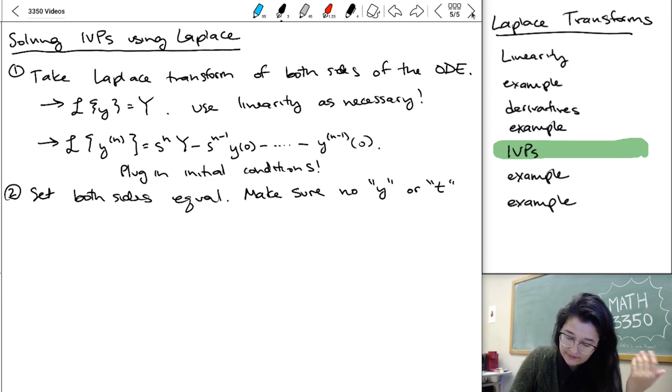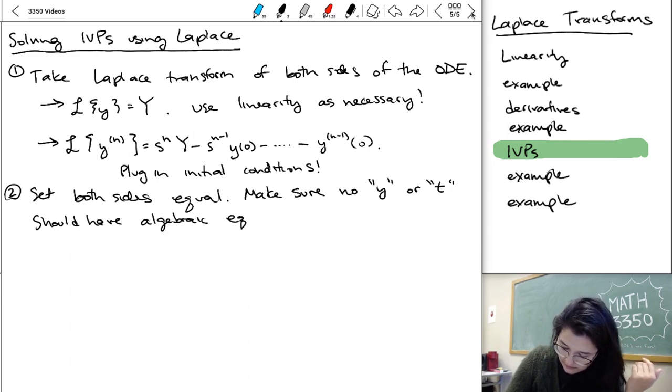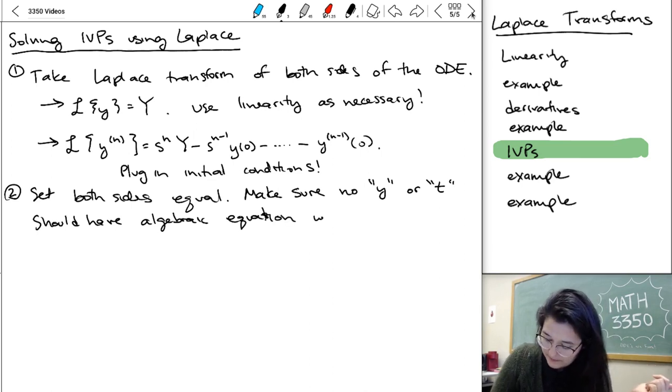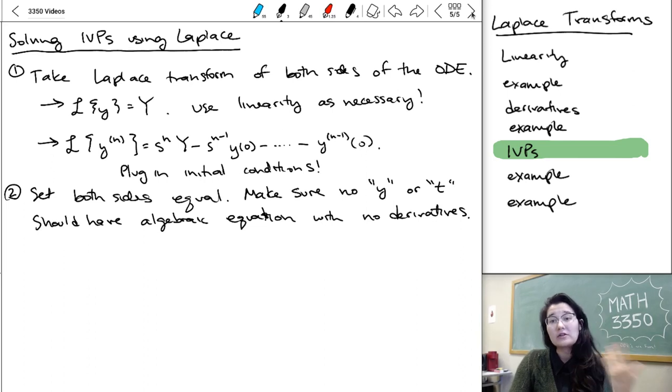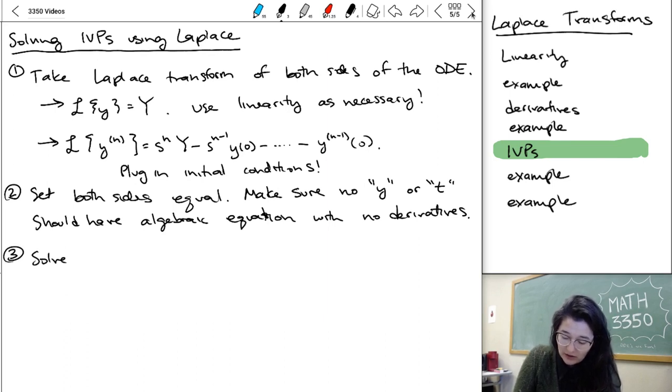What you should have is an algebraic equation with powers of s and with no derivatives. So we've managed to get rid of derivatives in our initial value problem and turn it into this algebra problem about s. Then you're going to go ahead and solve for big Y equal to some stuff. You're going to isolate that variable Y.